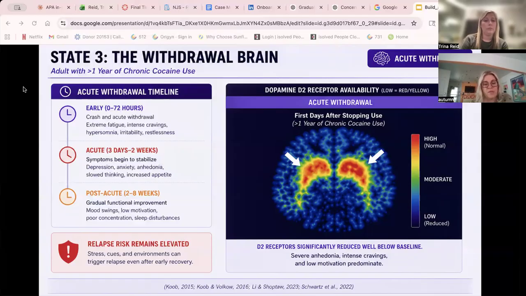And individuals often experience significant physical symptoms driven by a sharp drop in dopamine and increased stress system activity, including extreme fatigue and disrupted sleep patterns. They can be experiencing hypersomnia and insomnia, increased appetite, headaches, sweating and chills, and a general sense of physical discomfort.